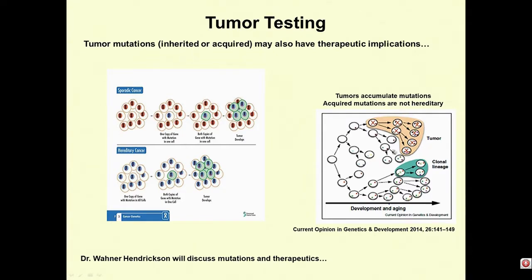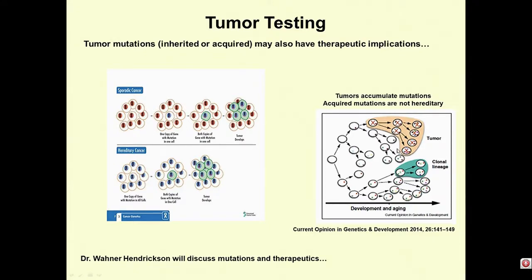And it's important to know about these mutations as well, because we know that patients who have an acquired mutation in their tumor may actually respond better to certain chemotherapeutic agents as well. And so your provider may talk to you about doing germline testing, but they also may talk to you about tumor testing.